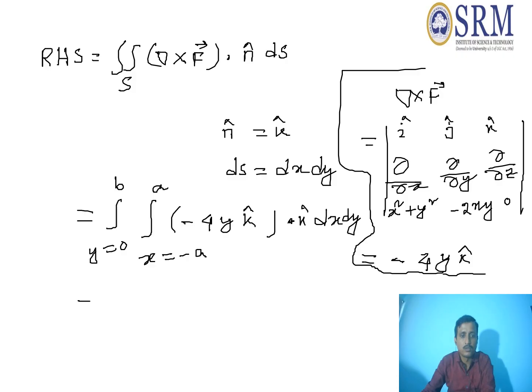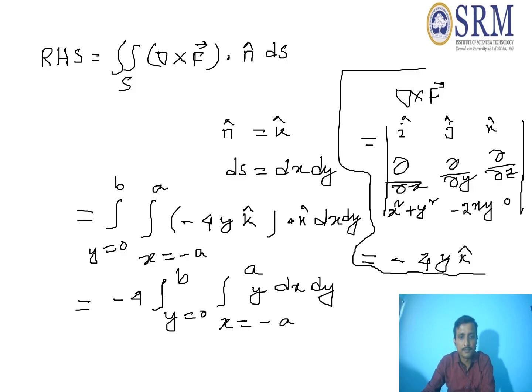So do the dot product and do the integration. Then we are getting minus 4 times the integral of y from 0 to b, and x from minus a to a, of y dx dy.